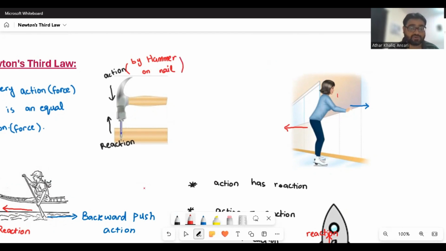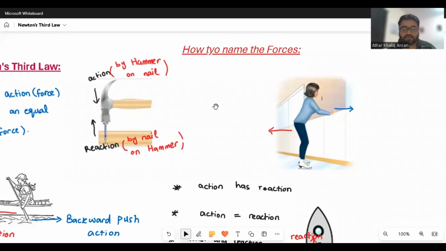But when you talk about reaction, reaction is by the nail on the hammer. So you can see the action was on the nail, but the reaction is on the hammer.